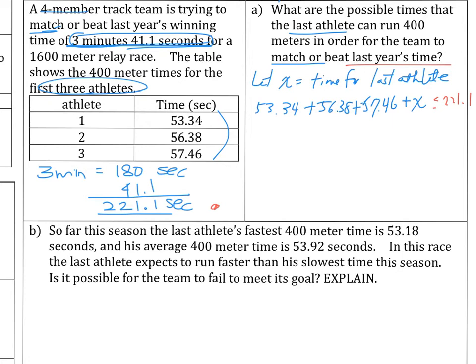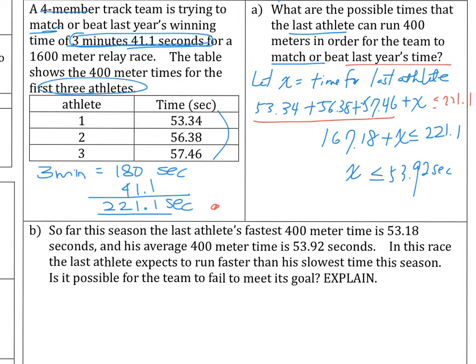Okay, so now we need to find the sum of these first 3 athletes, which is 167.18. And then we need to add it to x again. Now we can solve this inequality, and x will be less than or equal to 53.92 seconds.